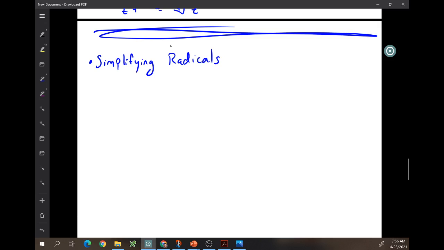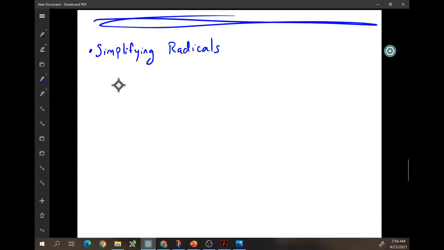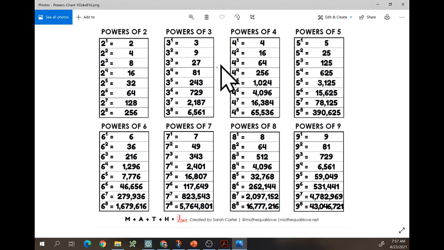But basically the concept of simplifying radicals is sometimes we have a number like the square root of 10. Now, the square root of 10 is not on our list, right? We cannot find anything on here with a 10. But I know 3 squared is 9, 4 squared is 16, and this is a square root.